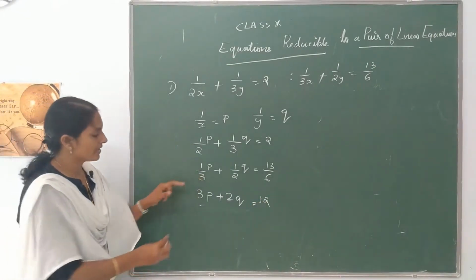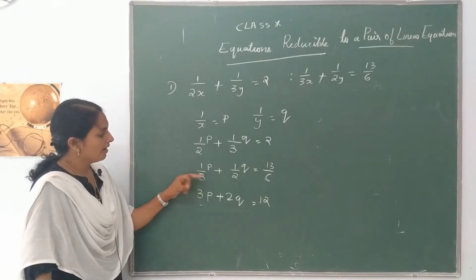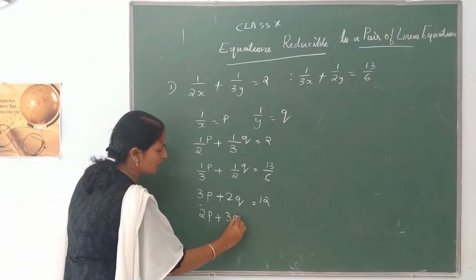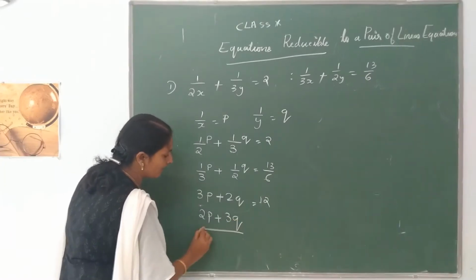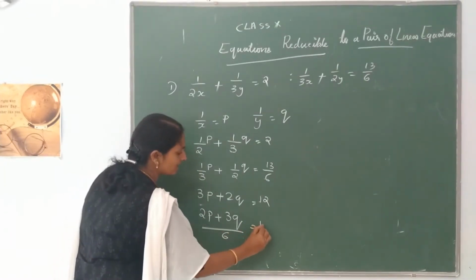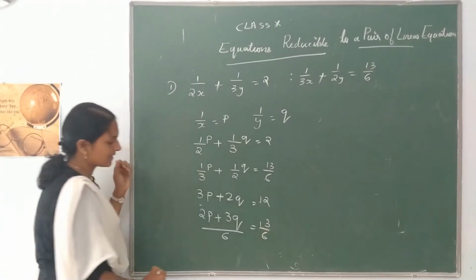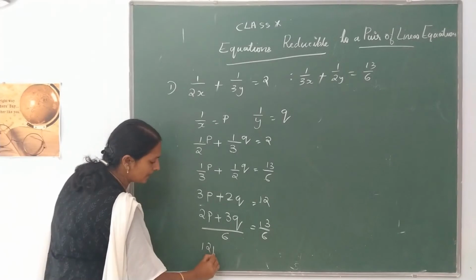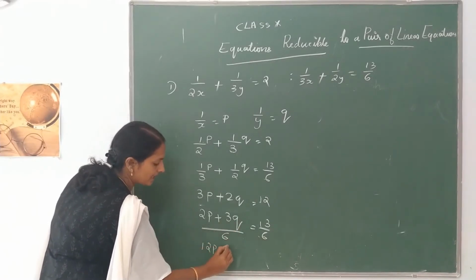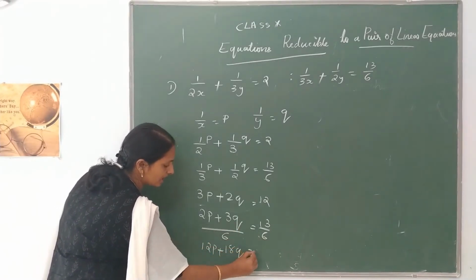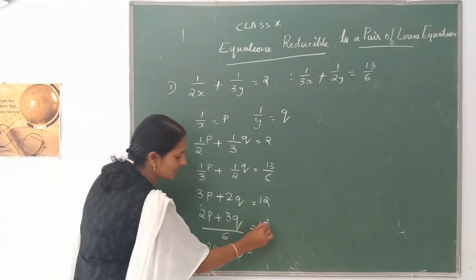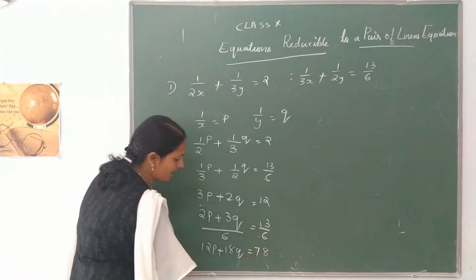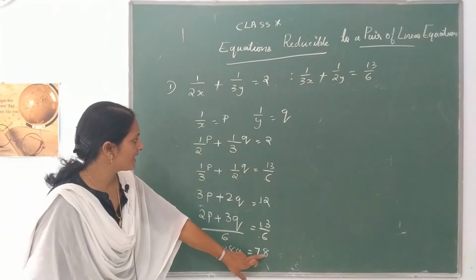Then the next equation, (2p plus 3q) whole divided by 6 is equal to 13 by 6. Then cross multiplying, we will get 12p plus 18q is equal to 13 into 6, that is 78.